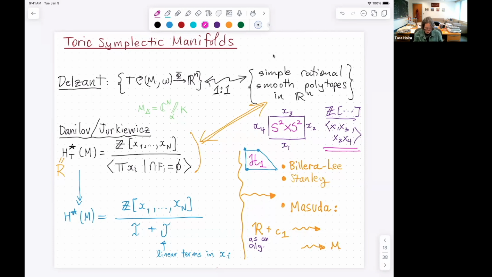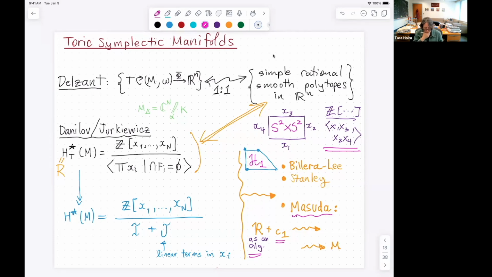So what Masuda shows is, if in addition you know the algebra structure, it does distinguish these 2 polytopes. And he needs some additional information, although I think in 4 dimensions it's small enough that you don't need that extra information.